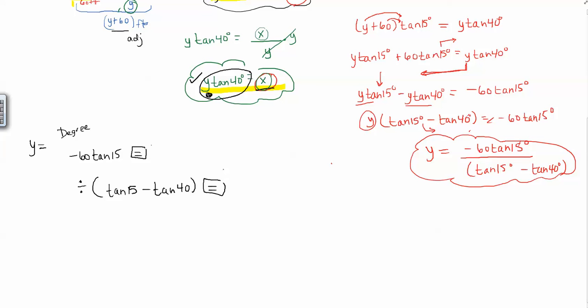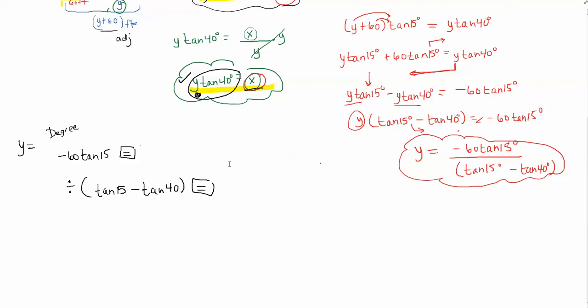So divided by parentheses, and inside tangent 15. Now my calculator comes up with parentheses around the tangent 15, so if yours does that, you've got to close that off. Minus tangent of 40. So I'd have to double close that. Okay, and I press equals there.